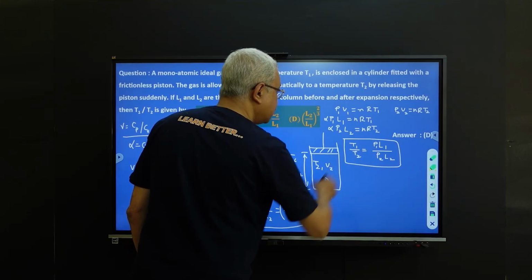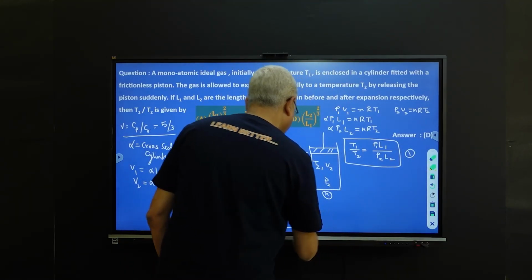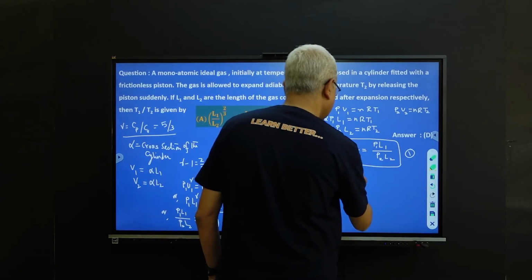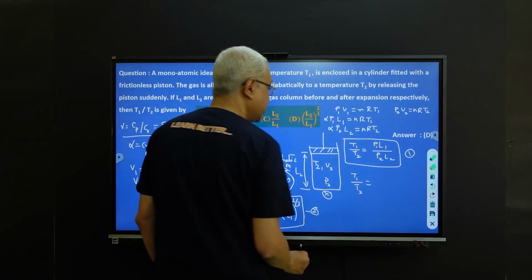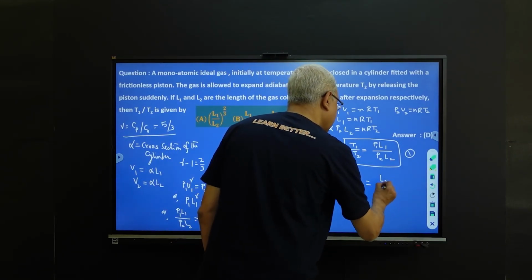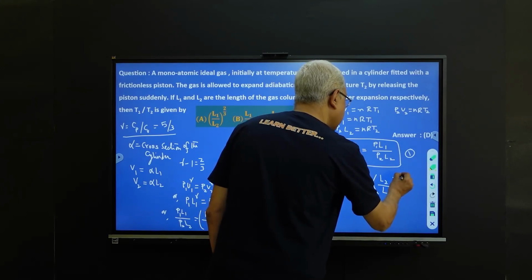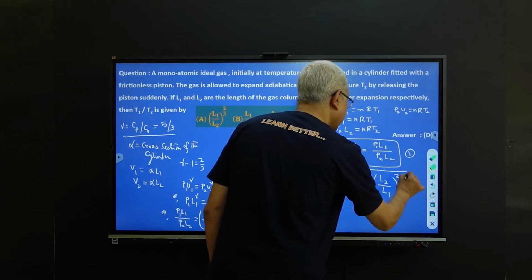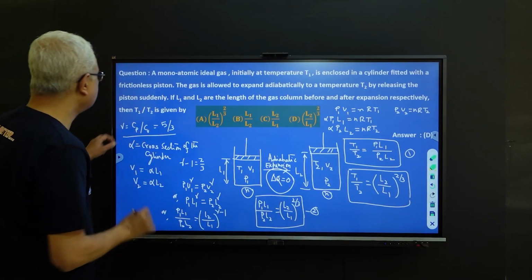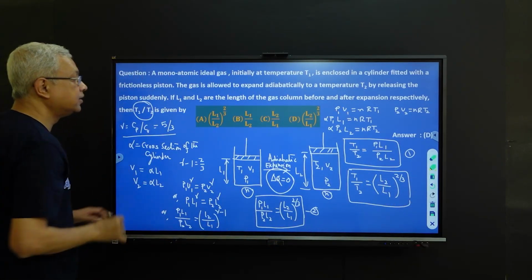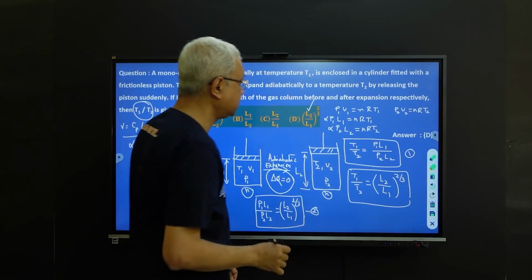So connecting these two expressions, this is 1, this is 2. From 1 and 2 we can write T1 by T2 is L2 by L1 whole to the power 2 by 3. So this is the correct answer.